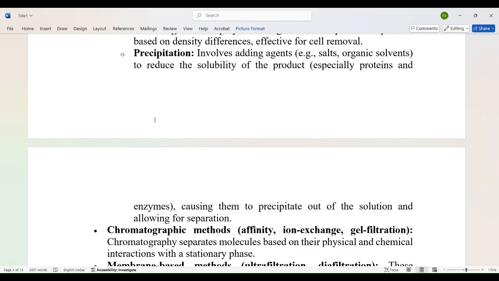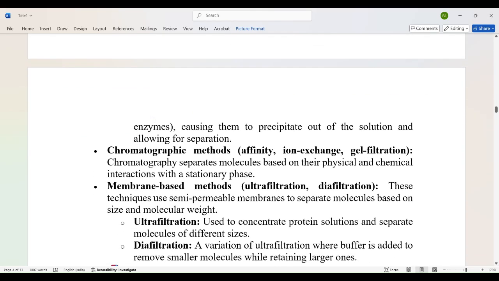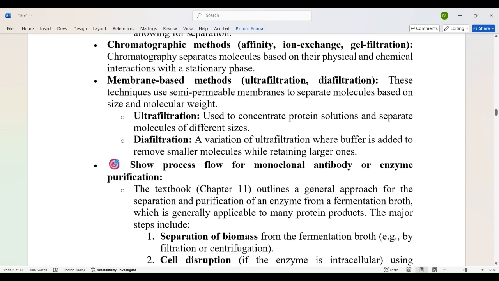This is how we use the method of precipitation to separate particular components out of the mixture, and this makes our purification process really easy.